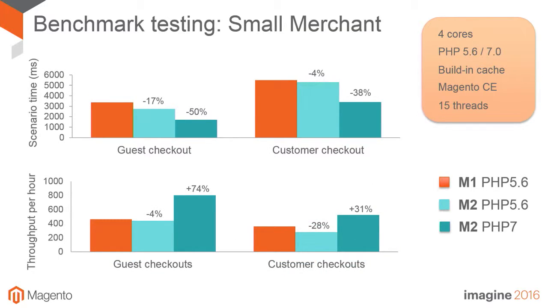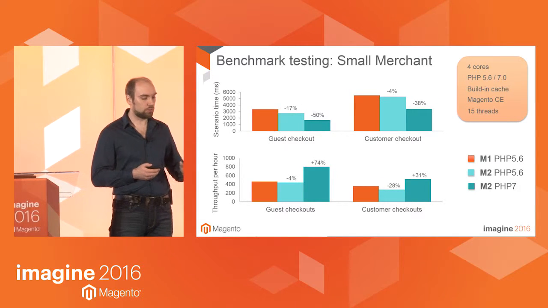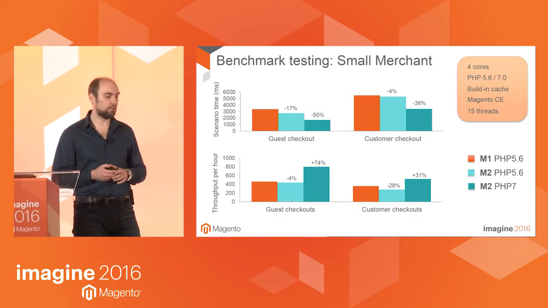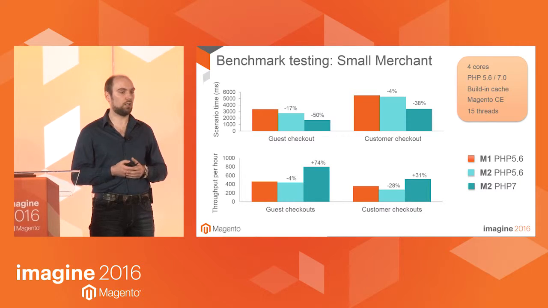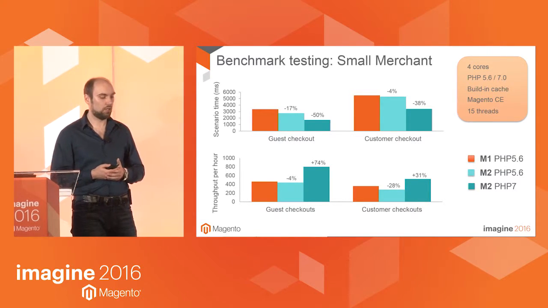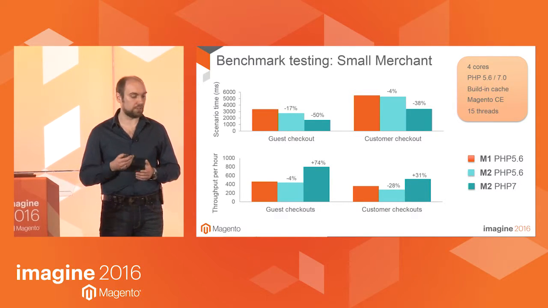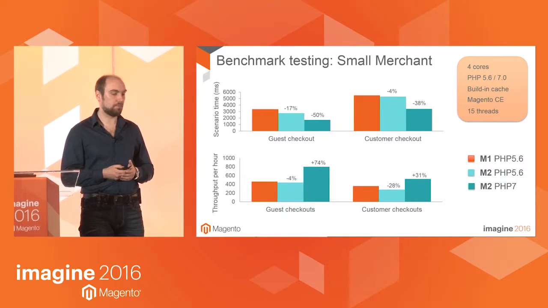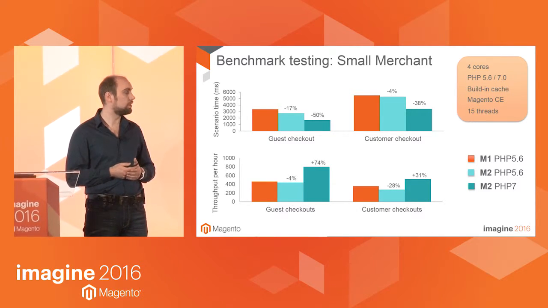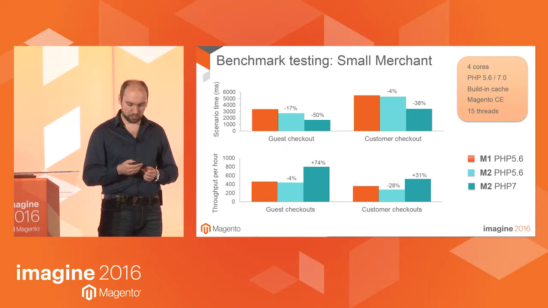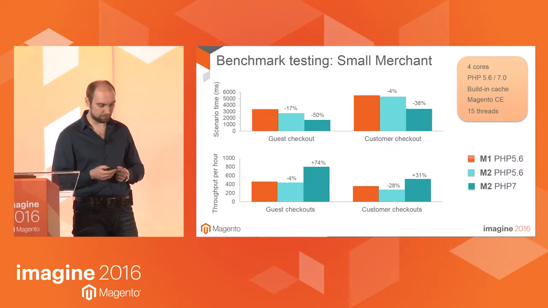In terms of checkout, again, better results on the Magento 2 side in terms of response time. Throughput will be lower, but fully compensated if you run Magento 2 on PHP 7. As you can see from the results, PHP 7 can give you an additional performance boost compared to PHP 5.6.